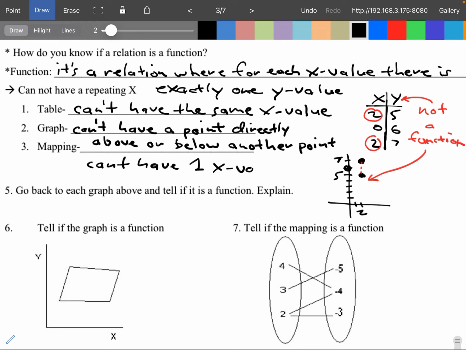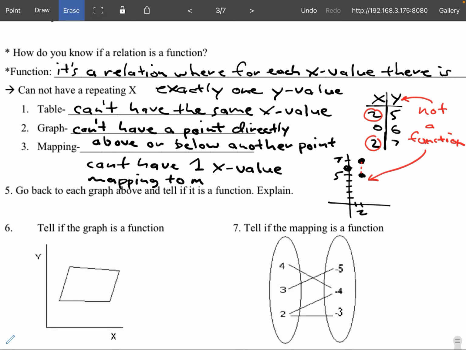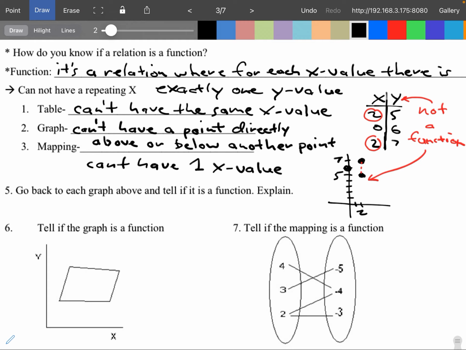All right, and then in a mapping diagram, you can't have one x value mapping to more than one y value. I think I'm going to run out of room here. Hold on.